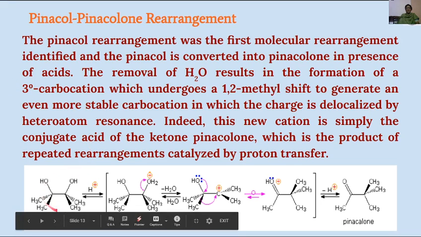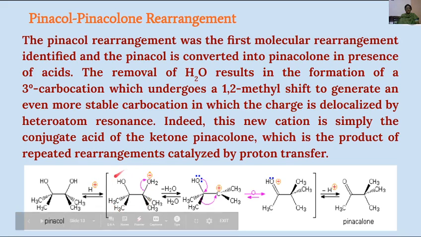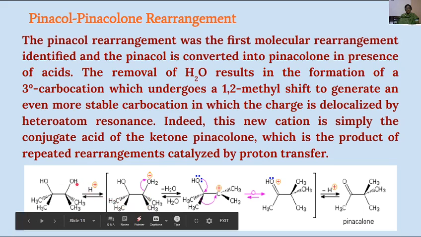So here we have this pinacol, which is also called 2,3-dimethylbutane-2,3-diol. Upon treatment with acid, the first step is the protonation of the hydroxyl group. Protonation can occur at either this hydroxyl group or that hydroxyl group, so both of the positions are equivalent.